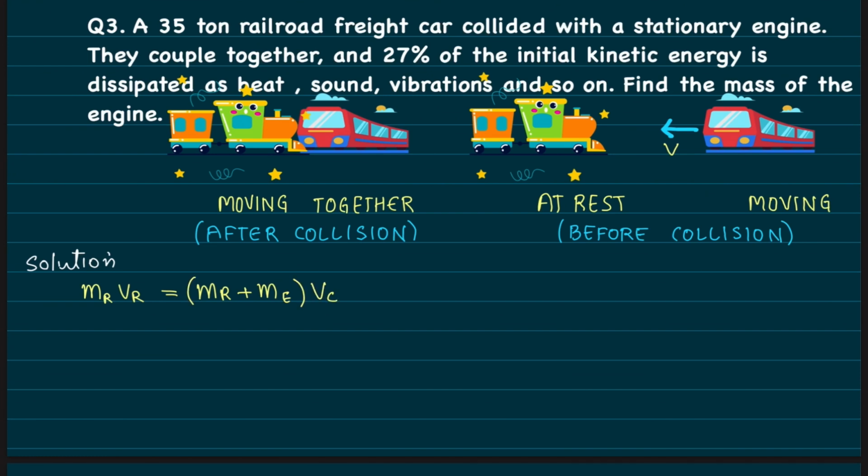This is the situation. We are given mass of the rail equals 35 ton. All right, now we can make our second equation.